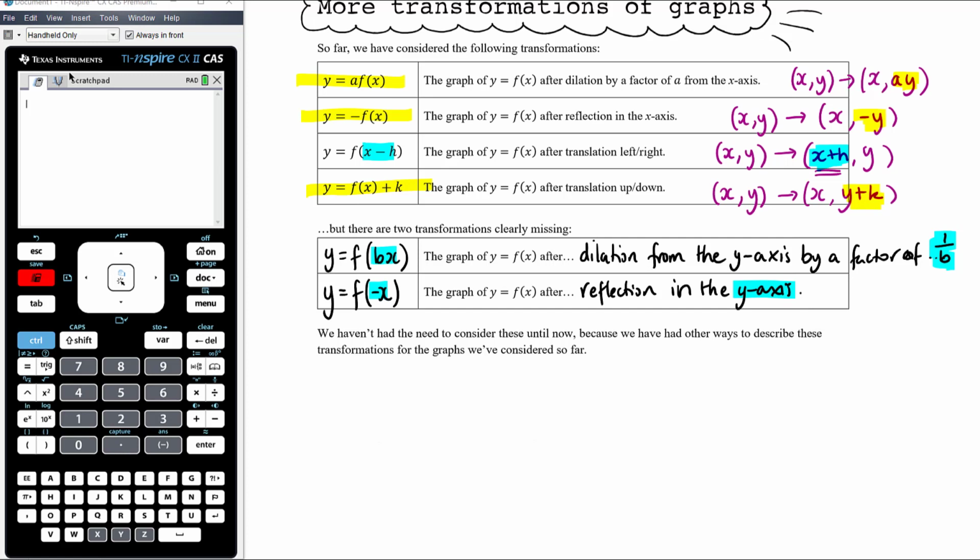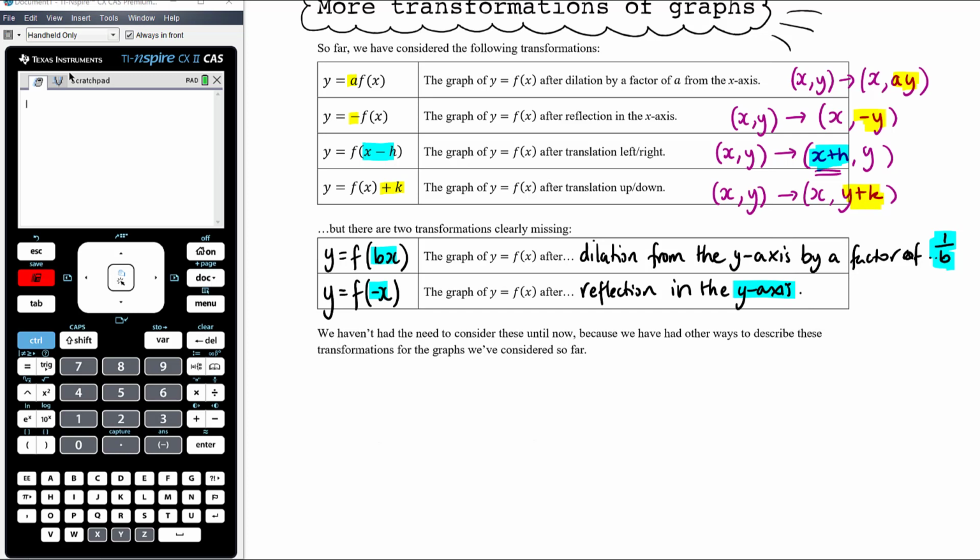When we do things outside of the function, it is going to affect the y-coordinates. It's about dilating away from the x-axis, reflecting in the x-axis, and translating up or down.